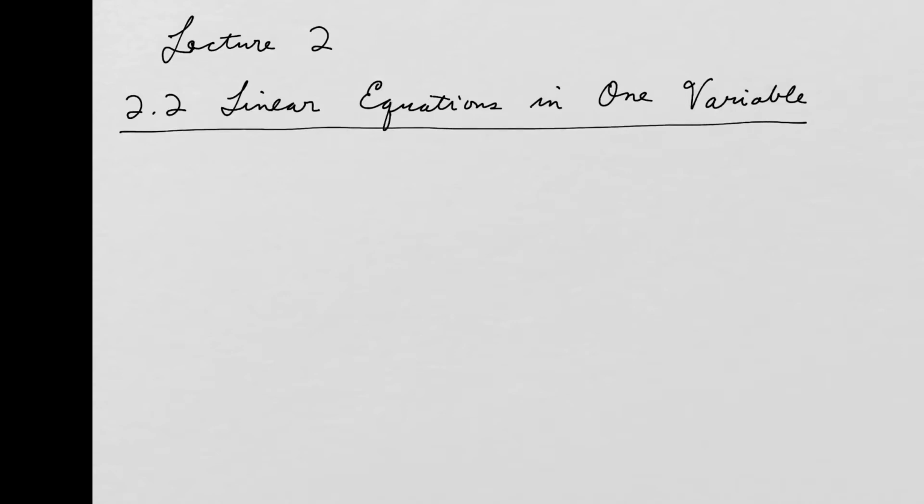Okay, so let me describe what a linear equation in one variable is, like the form that it has.